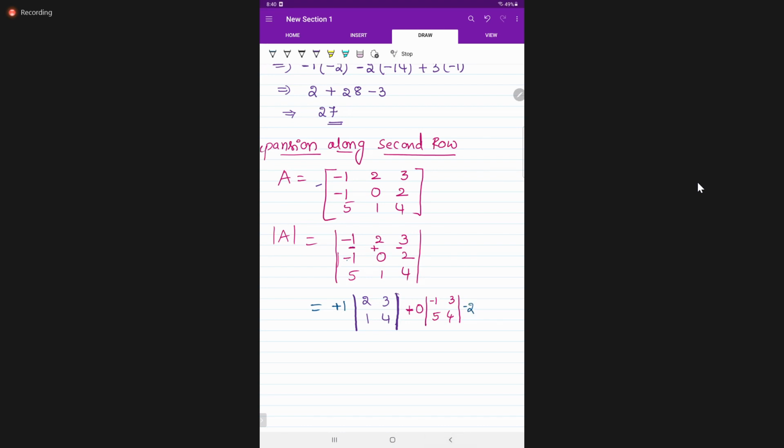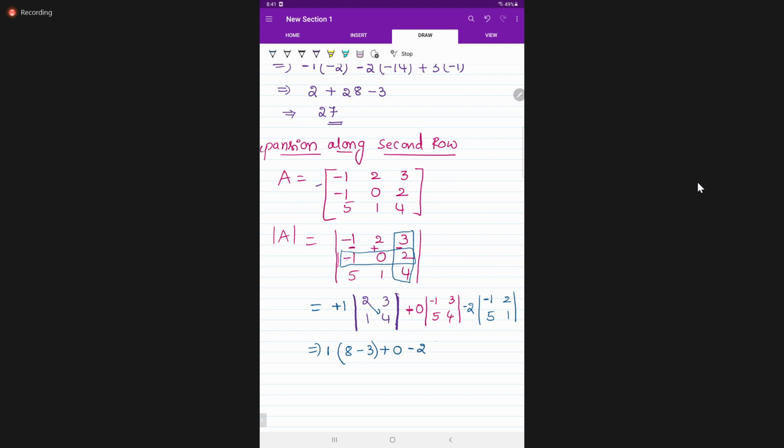Now minus 2: delete the third column and second row. Now tell me. Minus 1, 2, 5, 1. Take the determinant of minus 1, 2, 5, 1. Tell me the answer. 1 into 2 is 2, 4s are 8, minus 3. 0 into anything is 0 only.